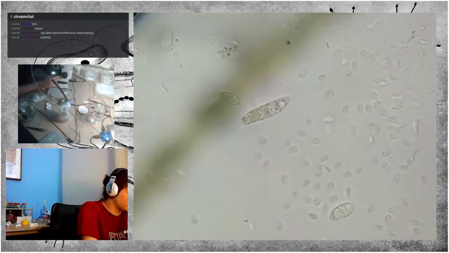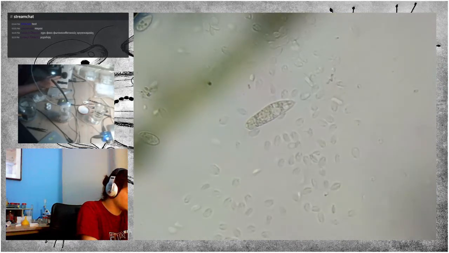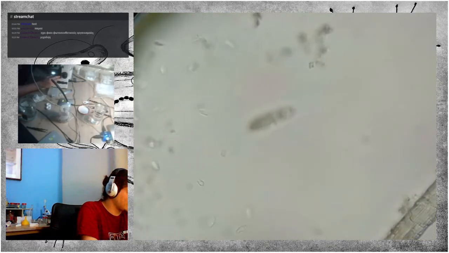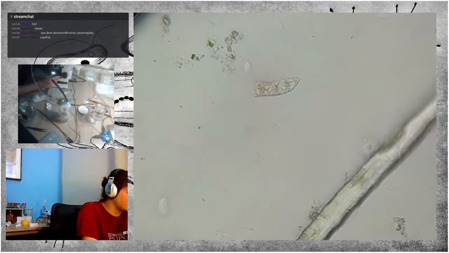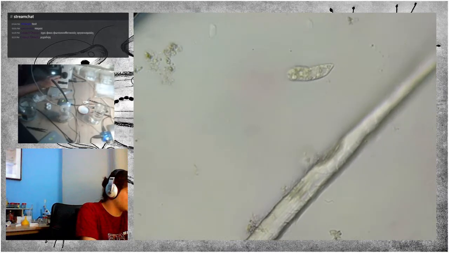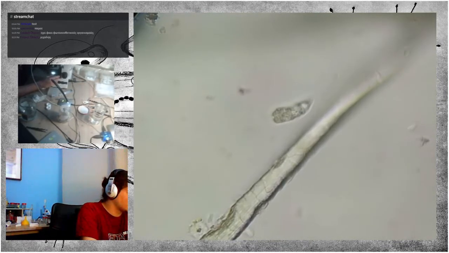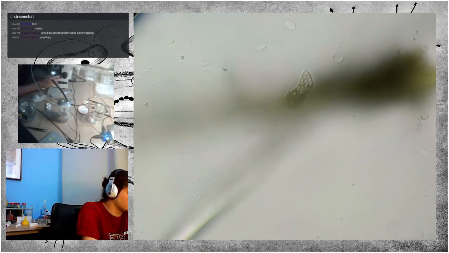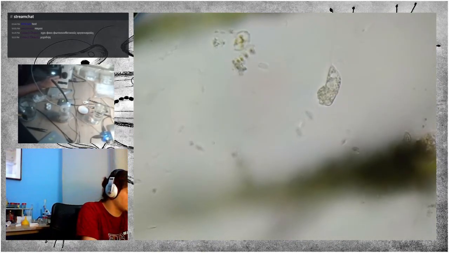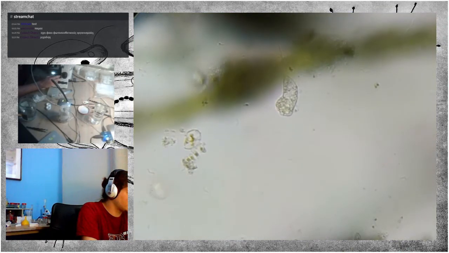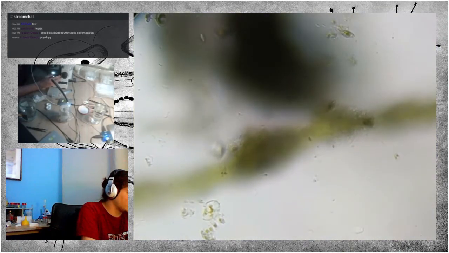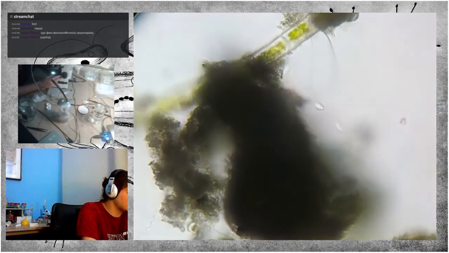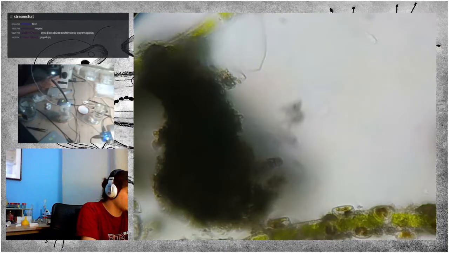Yep, so the flagellates move in a very particular way, which is they get dragged by their flagellum. They use it essentially for motility, for mobility, and they are a bit more flexible and more palpable. Is that the word? I think it is the word. Than the ciliates in general.